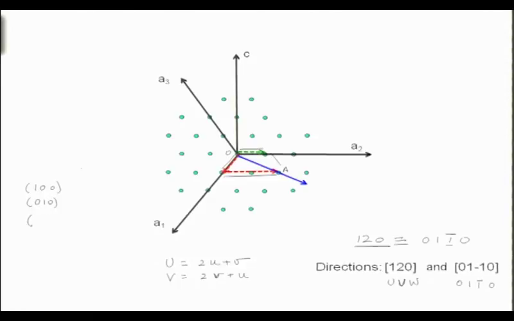This is in 3 coordinate system. [1 1 0] direction, let us say [1 1 1] directions. This is 3 coordinate system. And in 4 coordinate system, then you convert these into 4 coordinate system. So, this (1 0 0) will become (1 0 1̄ 0), this will become (0 1 1̄ 0).